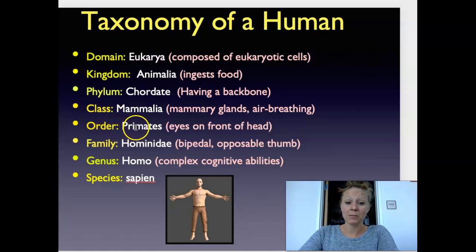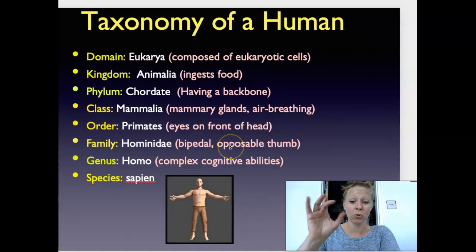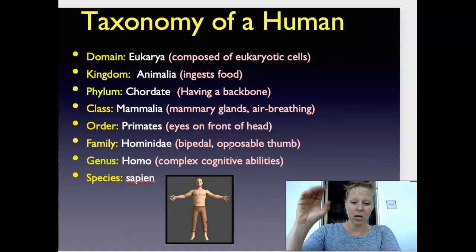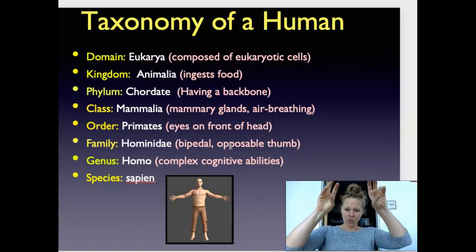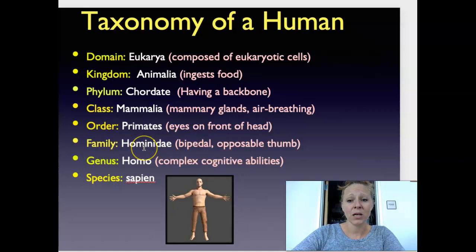If you are a primate and you are bipedal, meaning you walk on two feet, so pedal is a suffix for feet and bi is the prefix for two, and you have an opposable thumb, which means you could climb up trees because your thumb can reach and touch your fingers, then you're in the family Hominidae.